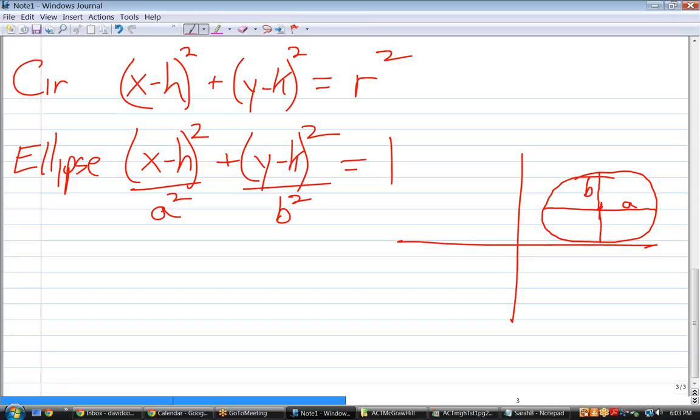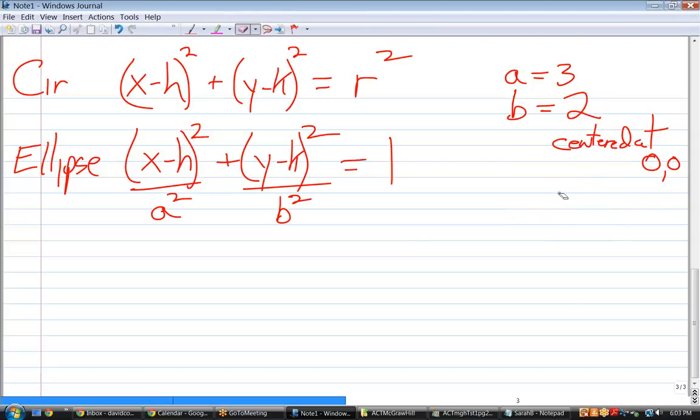So if I had an ellipse where A was equal to 3 and B was equal to 2, and it was centered at the origin, what would its equation be? Okay.